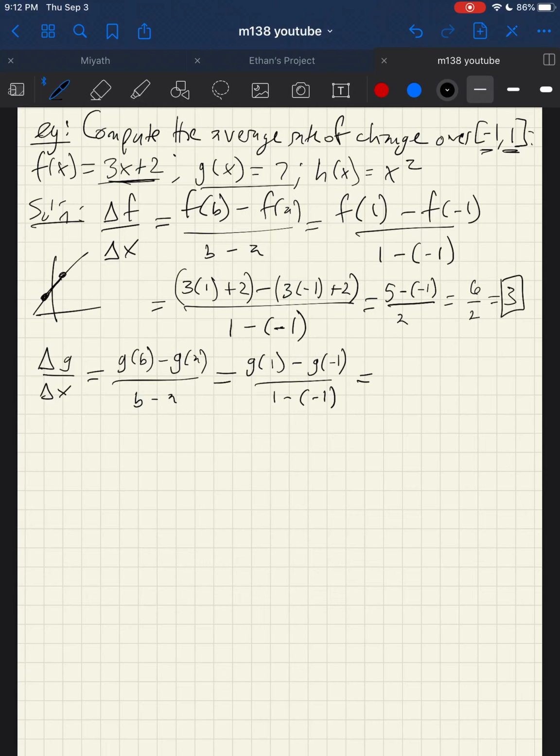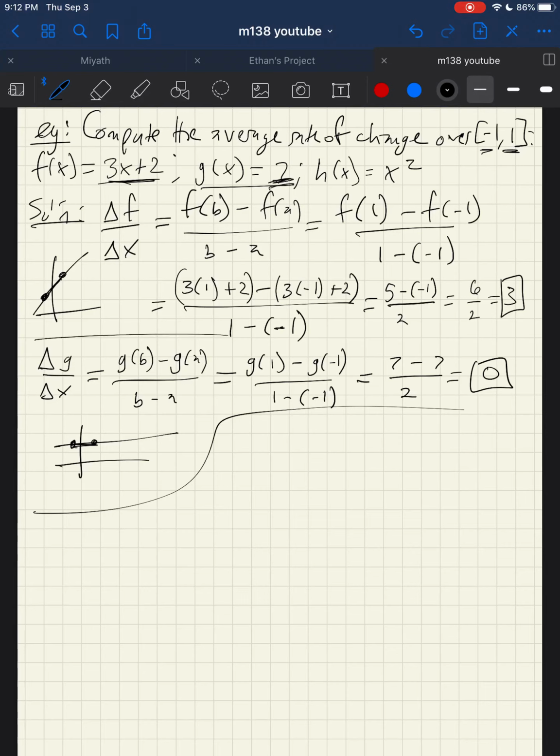Well, what is g of 1? g of 1 is 7. What is g of -1? g of -1 is also 7, over 1 minus -1, that's 2, but the numerator is just 0. And this should not be surprising, because g is just g of x equals 7. So if I compute the slope of the line through these 2 points, it should be 0, right? It's a horizontal line.